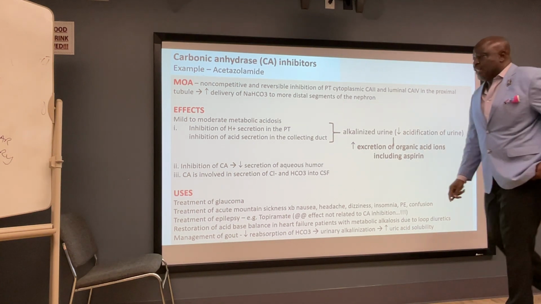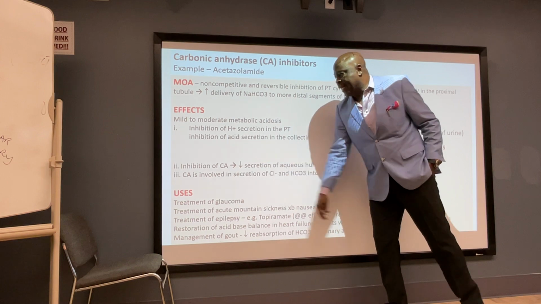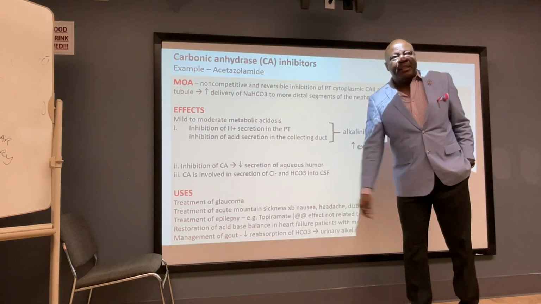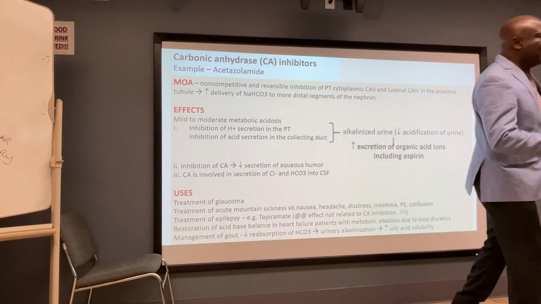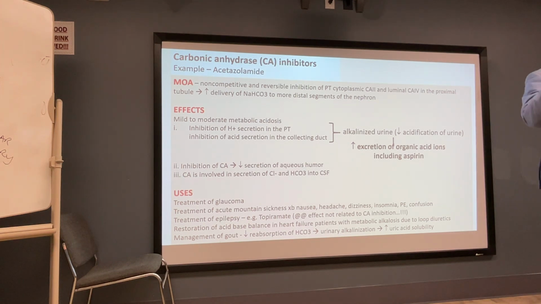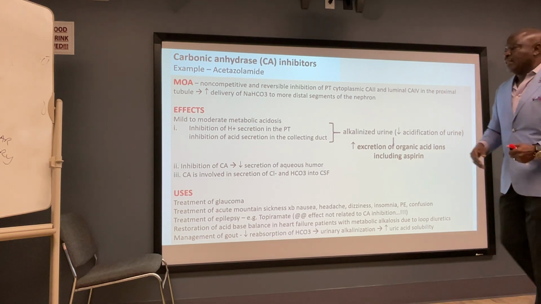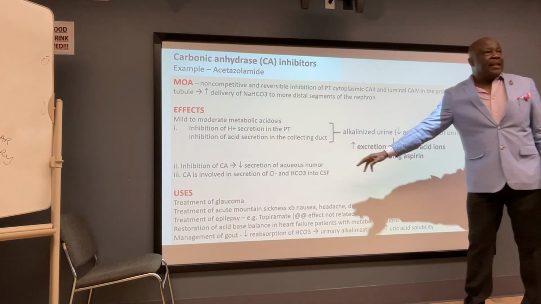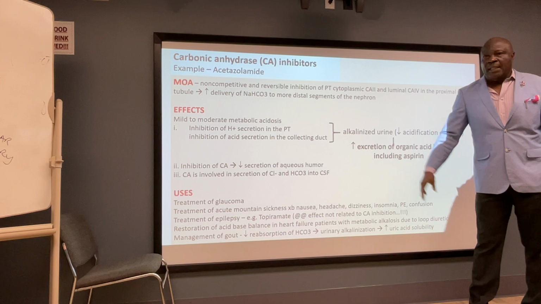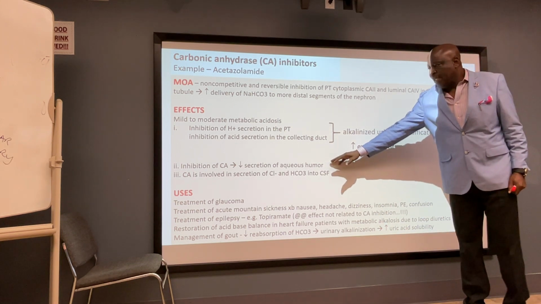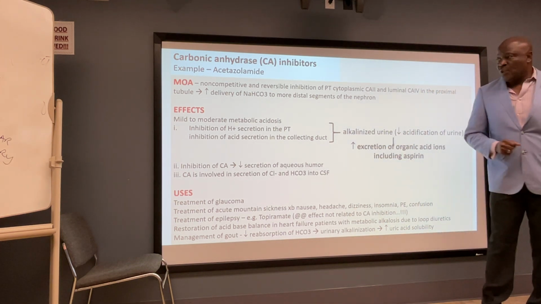Then the other thing is this: when you inhibit carbonic anhydrase, it affects the secretion of aqueous humor. The aqueous humor and vitreous humor are both products of the eye. So by inhibiting the secretion of aqueous humor from the eye, you are treating glaucoma, because excess secretion of aqueous humor can cause glaucoma.